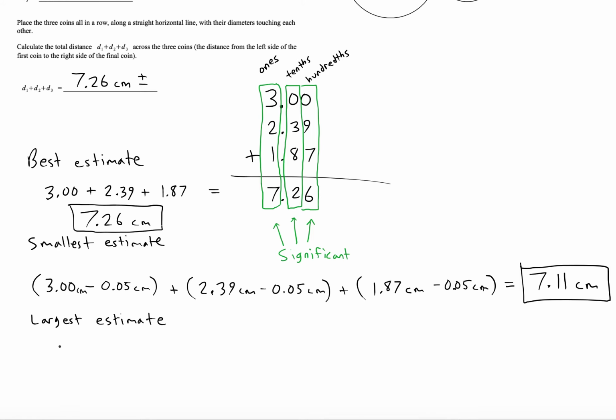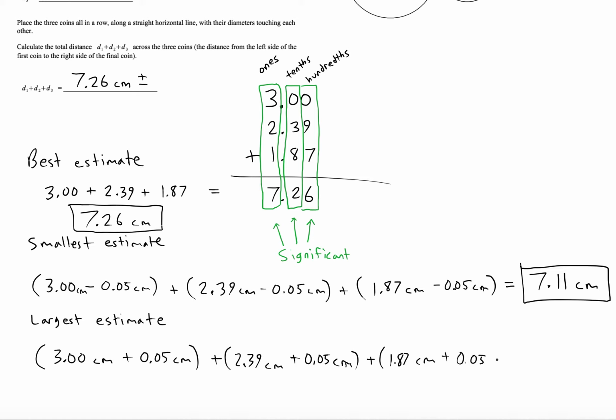And then do it with the largest value by adding the uncertainties. 7.41.